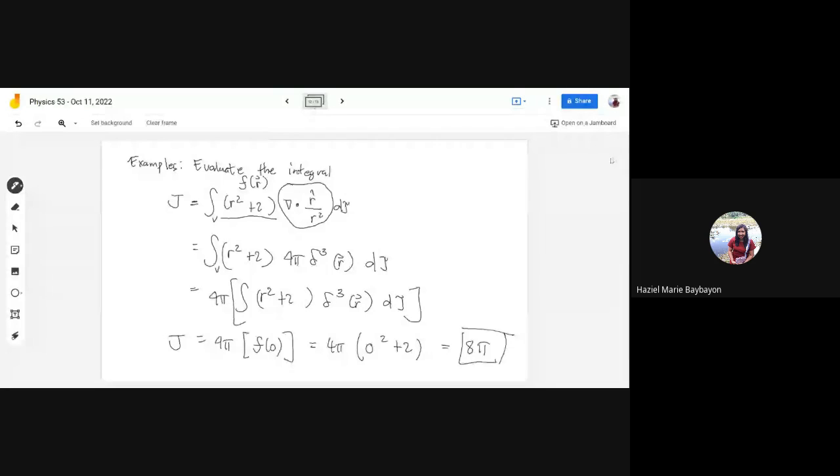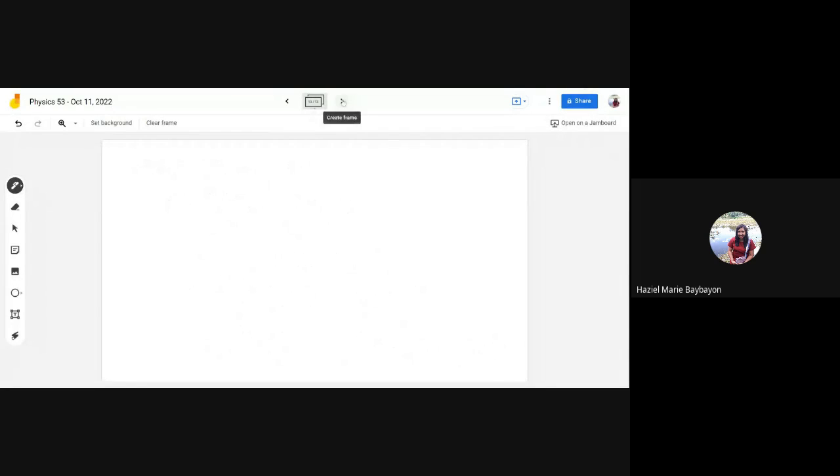How about this one? So another example. You can do this on your seats, class. How about this one? I'll give you 3 minutes to solve this integral. So integrating over all the volume.